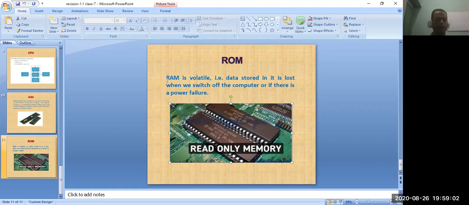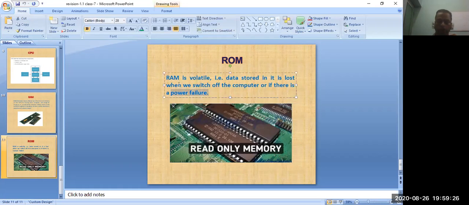Understood? When we are talking about the ROM, this is read-only memory with an integrated circuit inside the PC. The storage of programs and data in the ROM is permanent. So RAM is volatile and ROM is non-volatile.